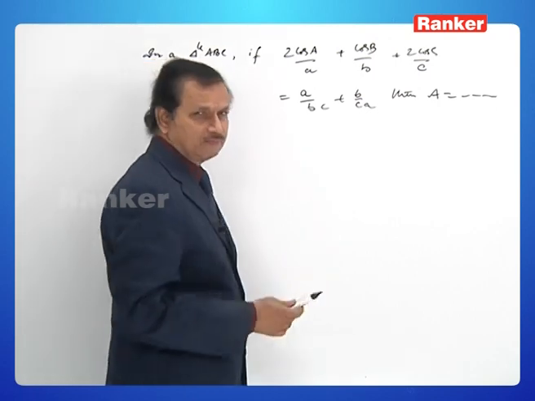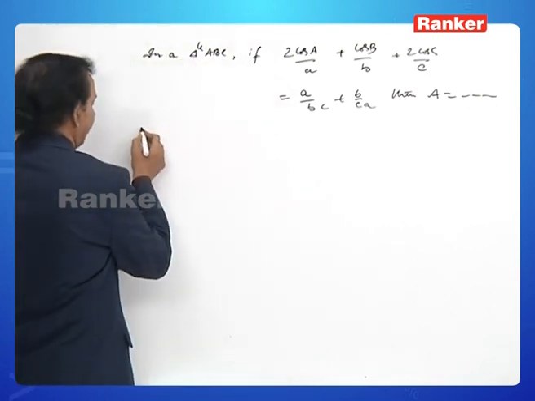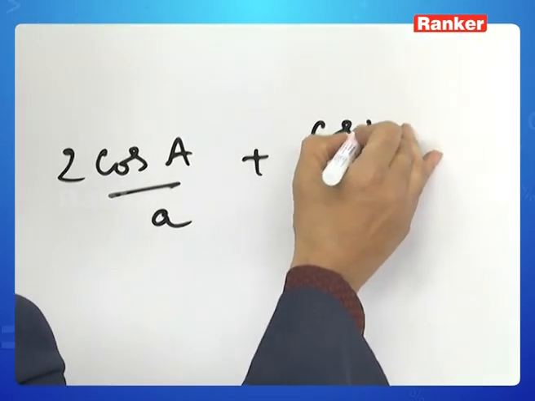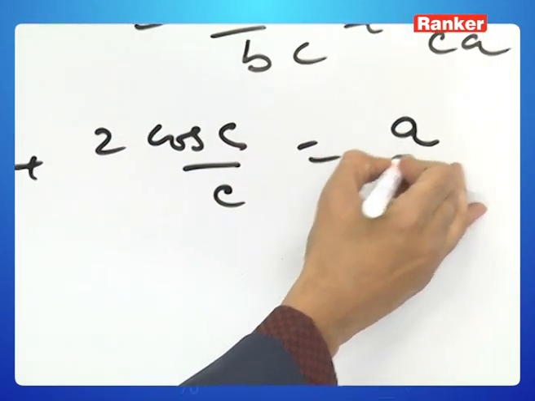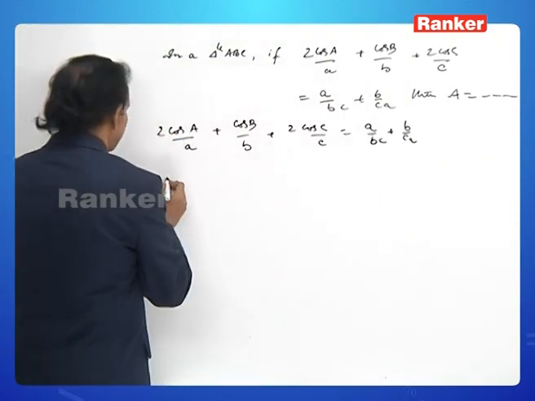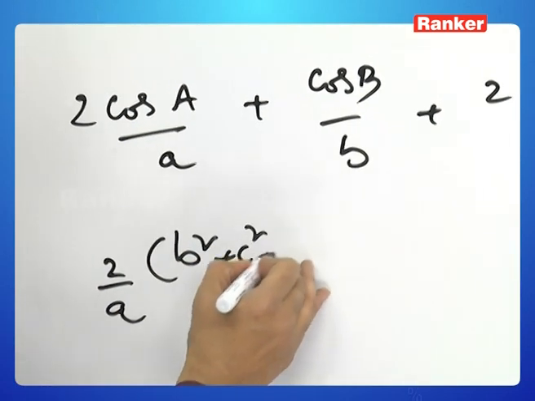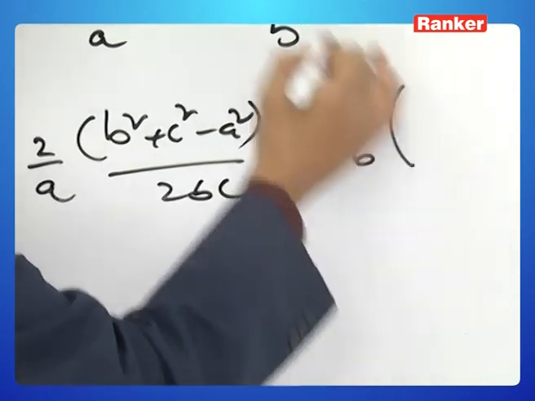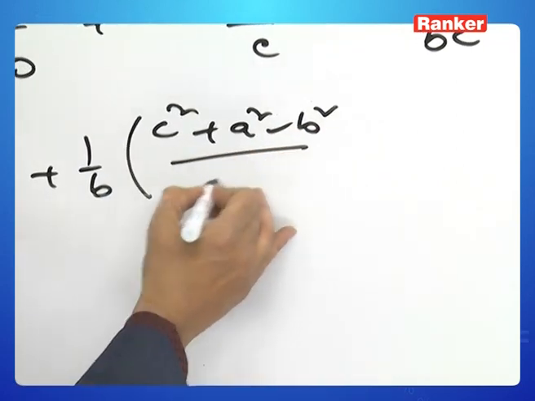Okay, let us make use of the condition given in the data. What has been given? 2 cos A by a plus cos B by b plus 2 cos C by c is equal to a by bc plus b by ca. So 2 by a into, what is cos A? b square plus c square minus a square by 2bc. 1 by b into, what is cos B? c square plus a square minus b square by 2ca.